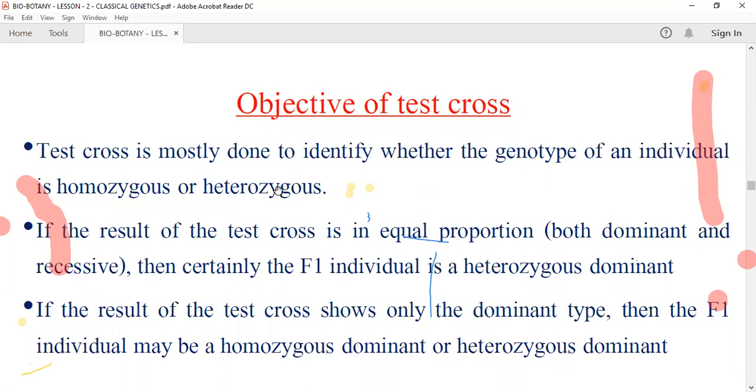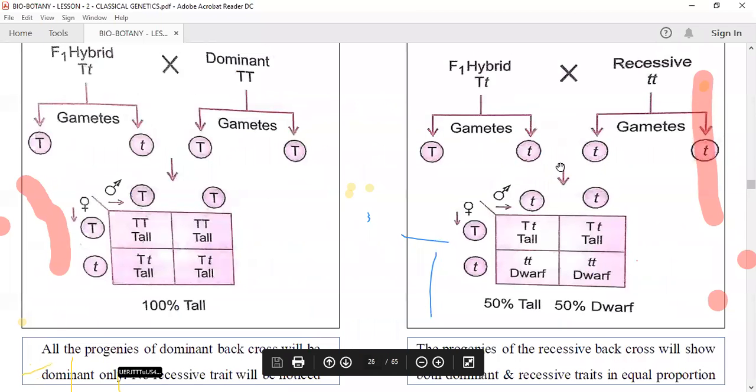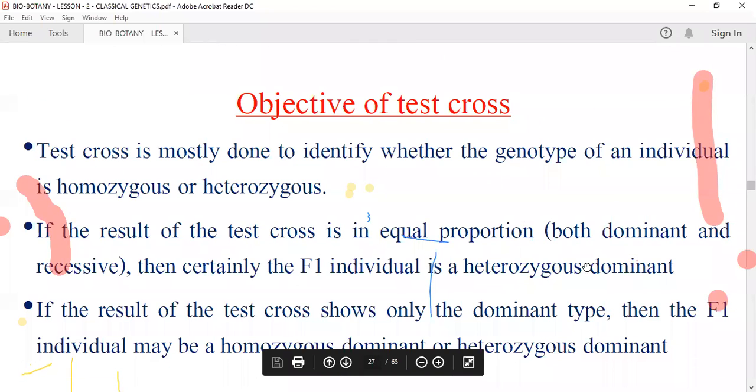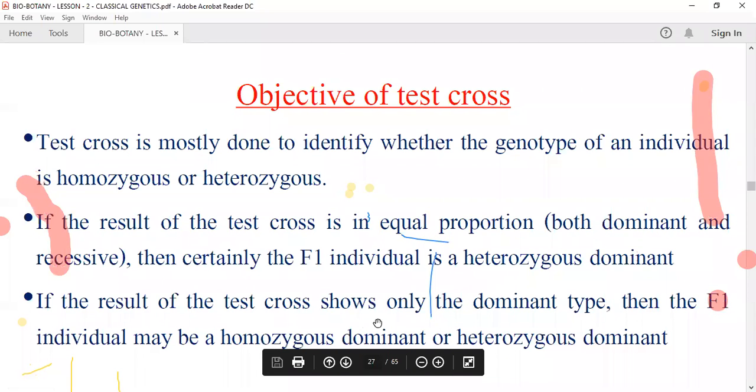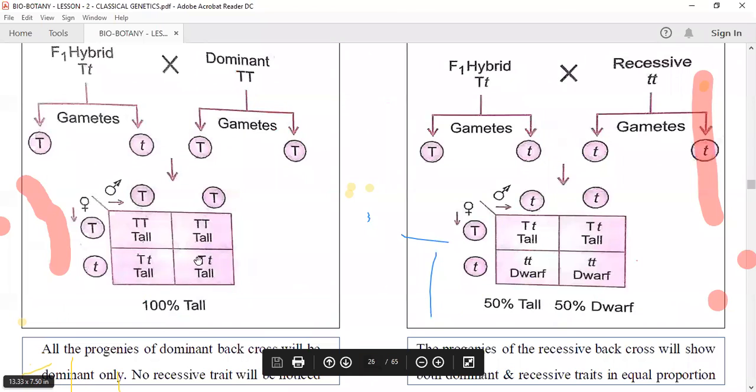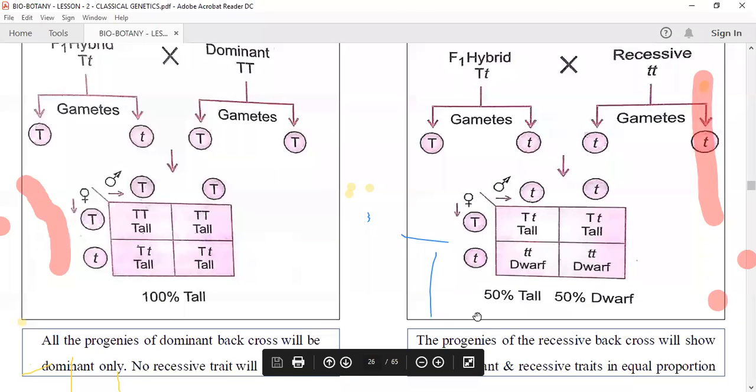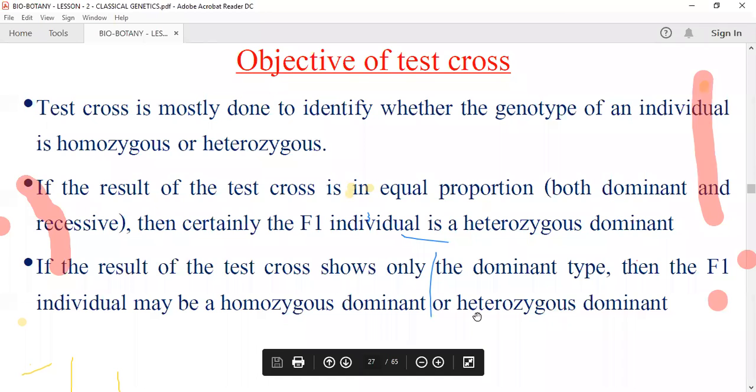If the result of a test cross is an equal proportion of both dominant and recessive, then certainly the F1 individual is heterozygous, so we get an equal proportion. If the result of a test cross shows only the dominant type, then the F1 individual is homozygous dominant. So we are getting all tall plants. These are the objectives of the test cross.